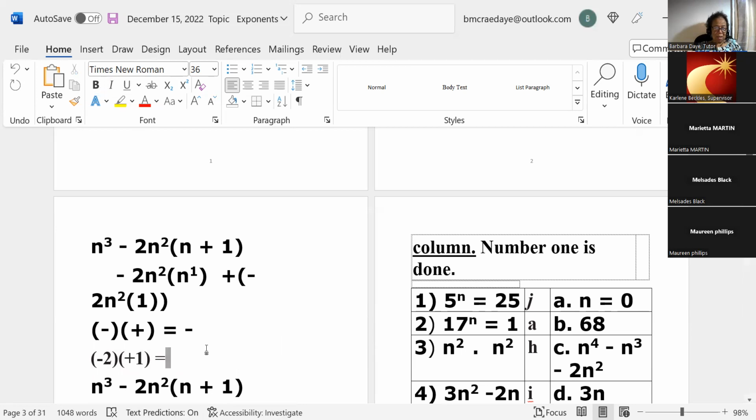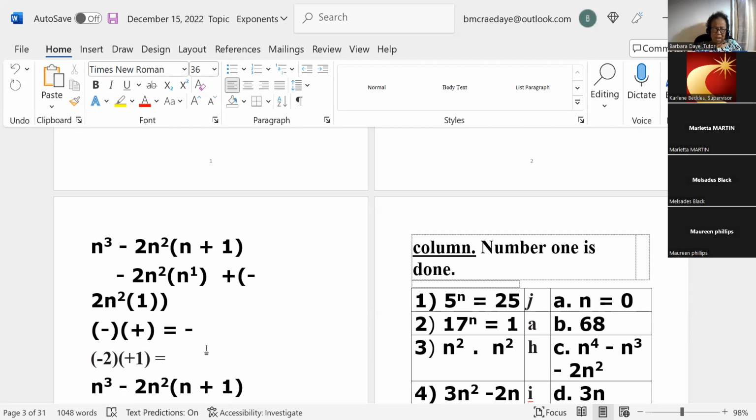Multiply. 2 times 1 is what, Marietta? It's 2.